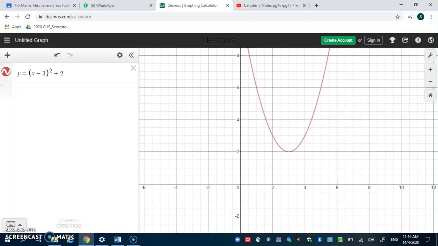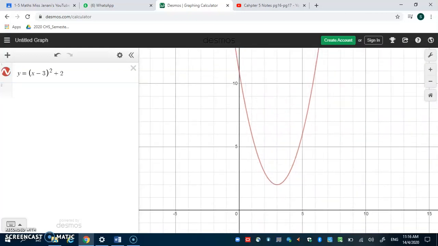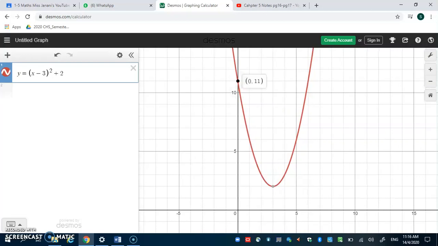Do you see that? And the minimum point over here is at 3, 2. Do I see any x-intercepts? Absolutely not. The graph does not even cut the x-axis, right? So there are no x-intercepts, but there is a y-intercept. And where is that y-intercept? It's over here at 0, 11.